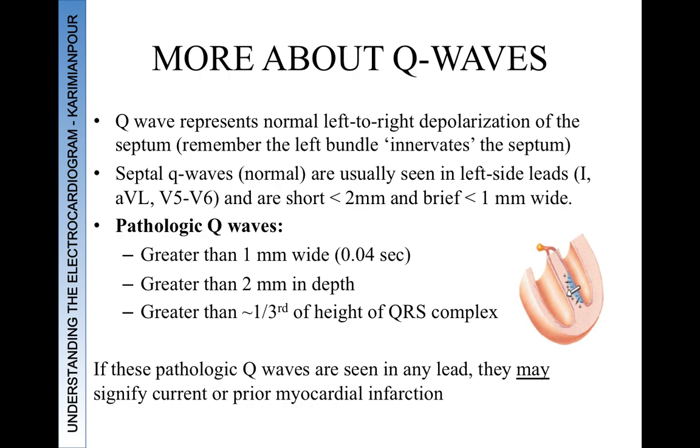So these are significant. Typically, you can't miss it. And this signifies that there is current or prior myocardial infarction. You sometimes may hear the term that the patient is Q-ing out, meaning that they had an infarction that's completed itself and now there are Q waves forming.